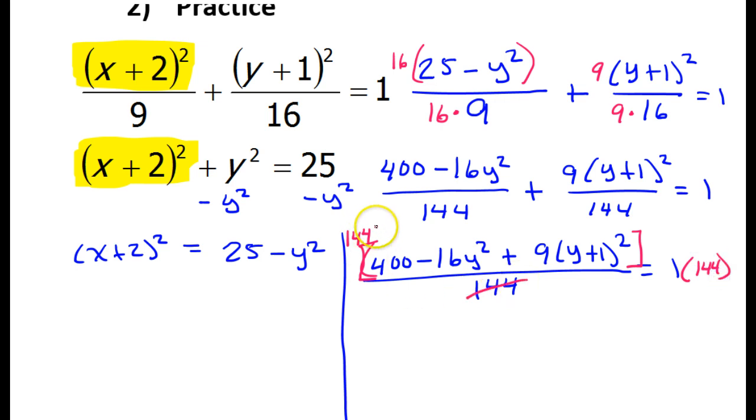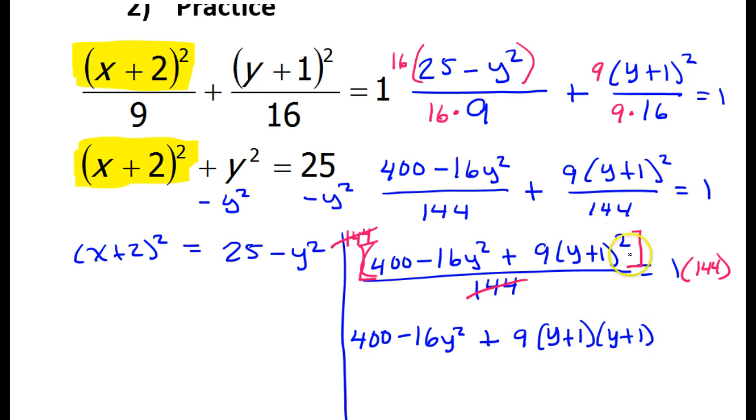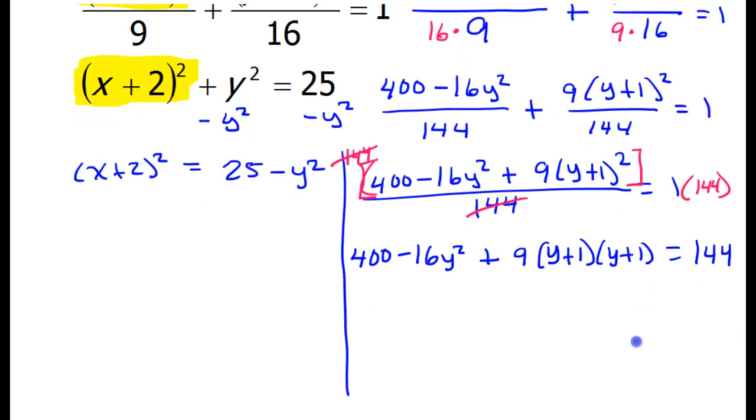Then this 144 and this 144 will cancel each other out. So now I have no more fractions, so I just have 400 minus 16y squared plus 9 times y plus 1 times y plus 1, because it was squared, and now it will be equal to 144.